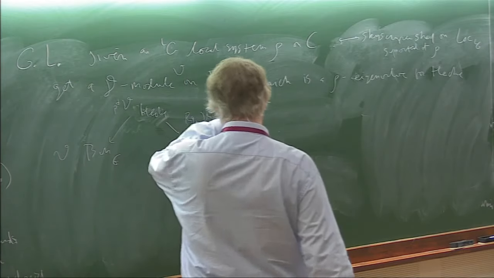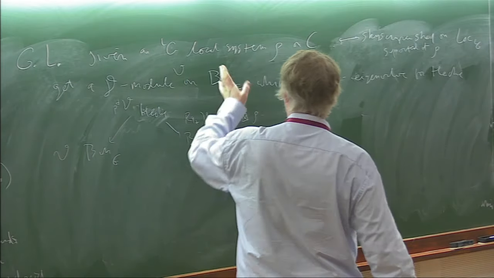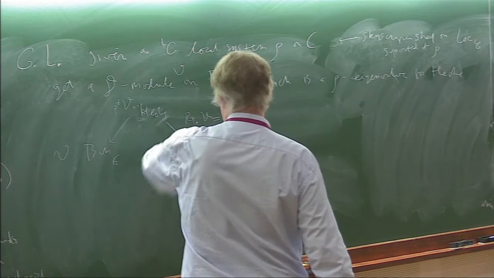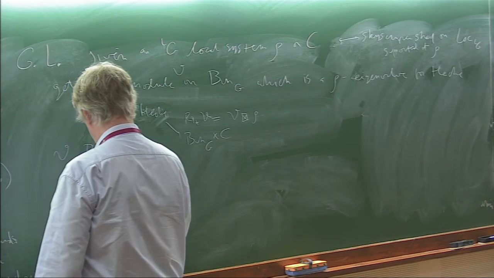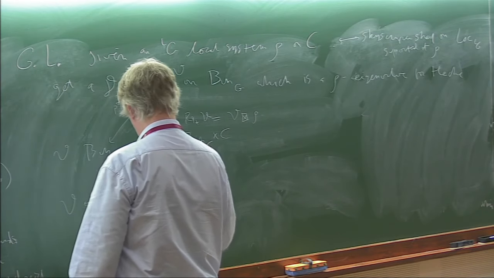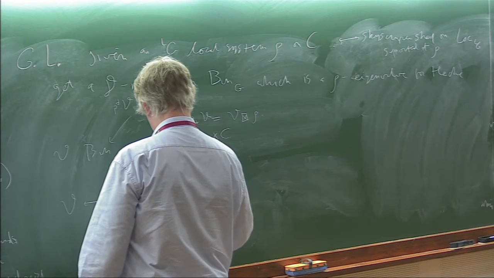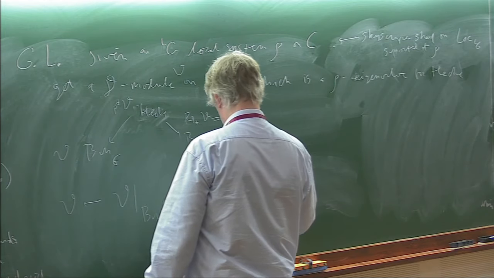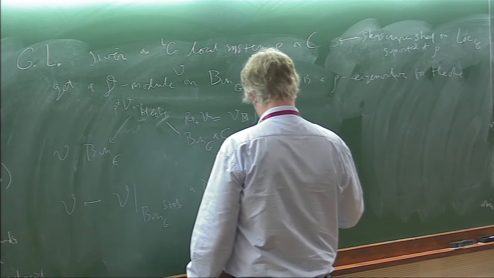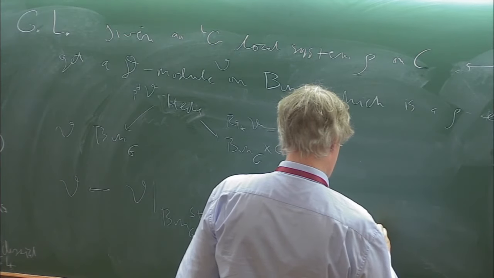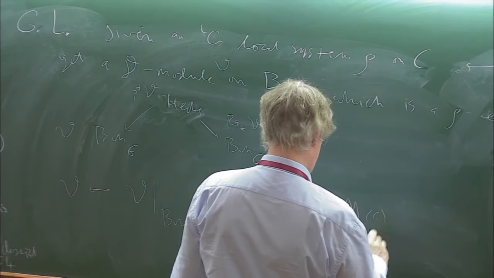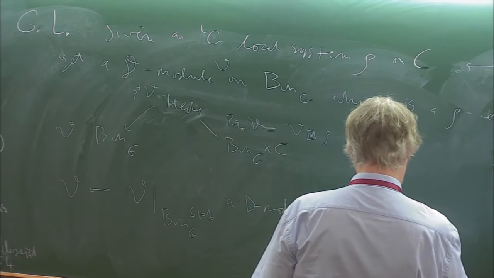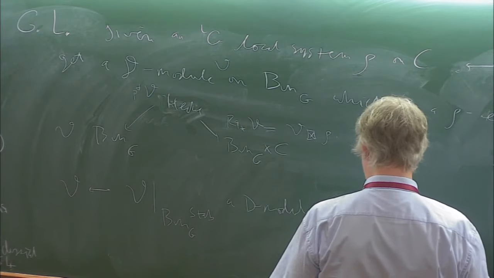But just as a general matter, what does this really mean? It really means if we have an LG local system on C, we're supposed to get some kind of D module on Bun_G. Then V should correspond to V restricted to Bun_G stable, which is a D module on the moduli space of bundles, right? And in turn, it should be a local system, right? A D module is going to be a local system.